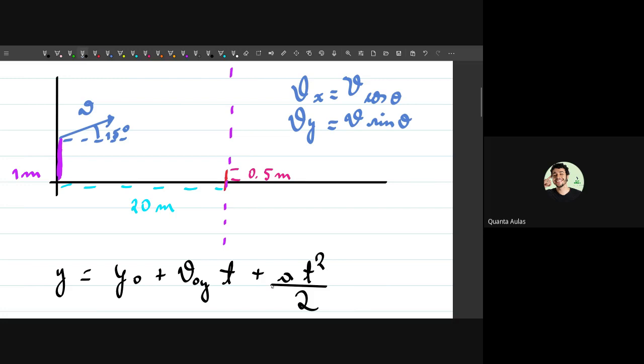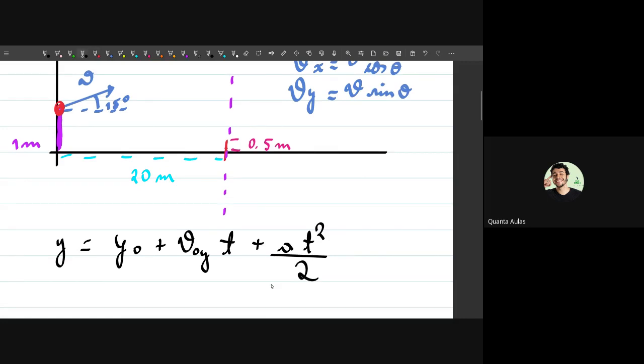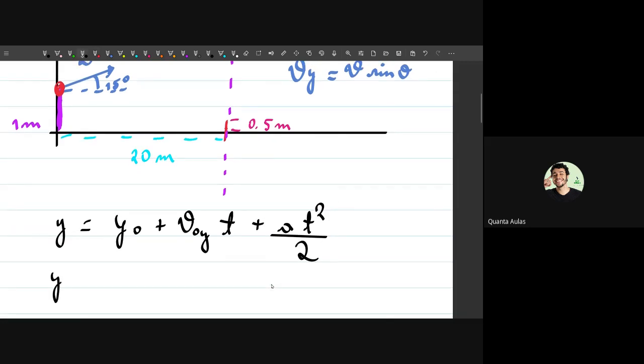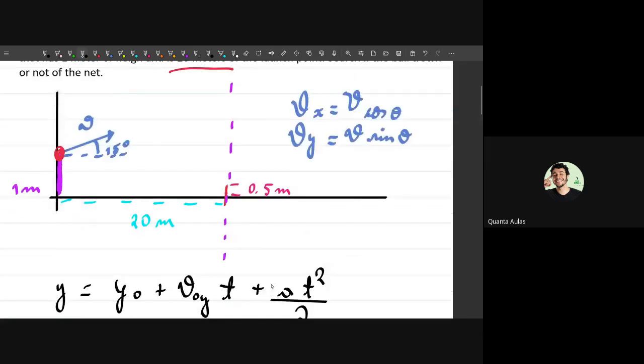And we have a lot of information. If this is the equation of the ball, we know a lot of things about the ball. For example, the initial position y is 1 meter, because here is 1 meter.